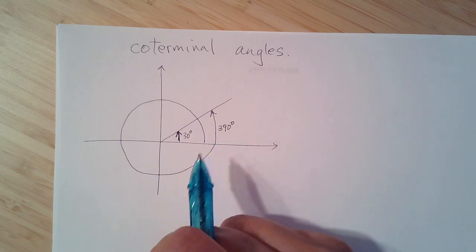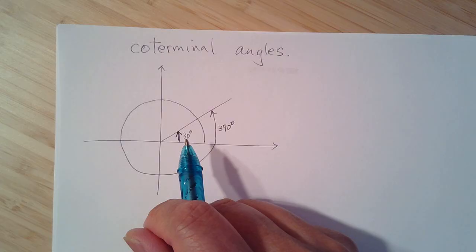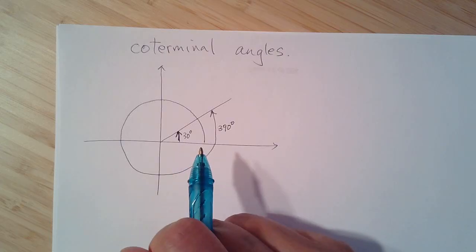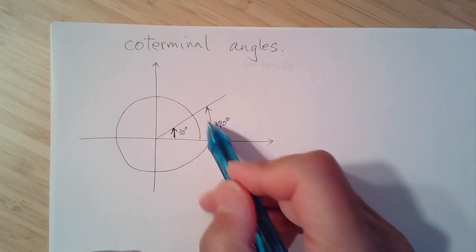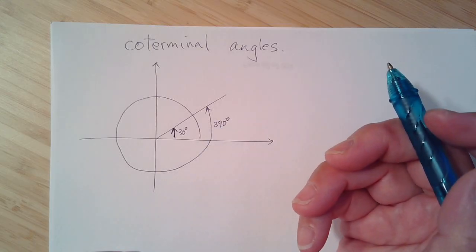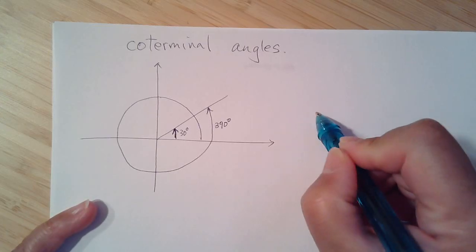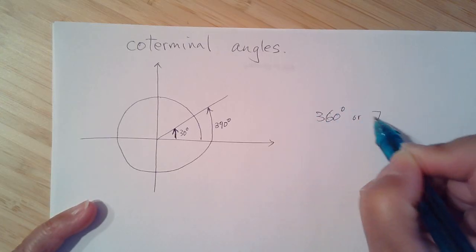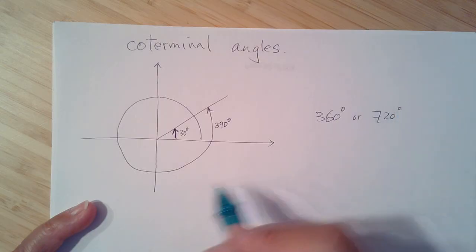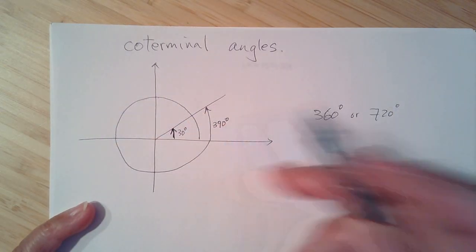So we call this 30 degree and the 390 degree co-terminal. If two angles are co-terminal, their difference must be, 30, 390, what's the difference? Must be either 360 or 720, right? 720 means you go one circle, two circles, and then 30 degree.